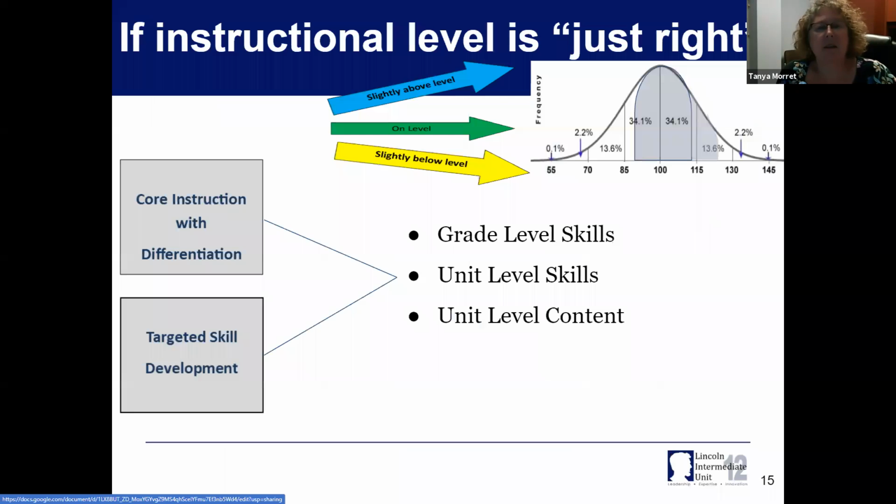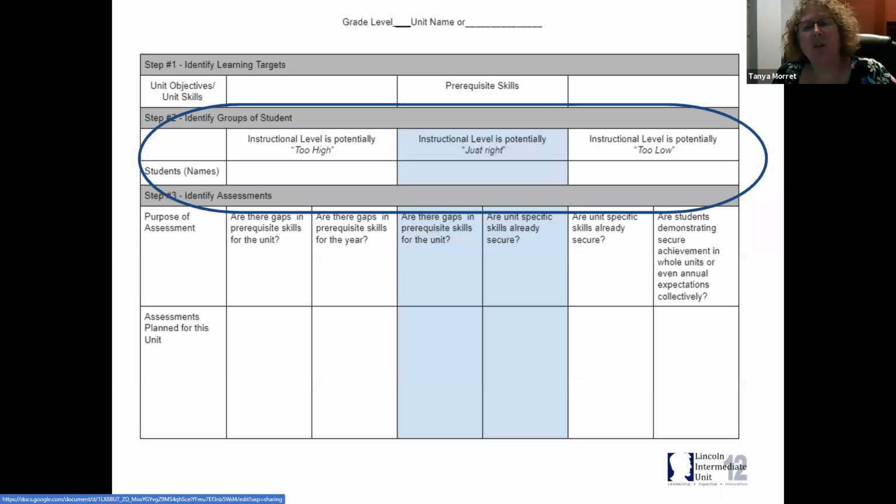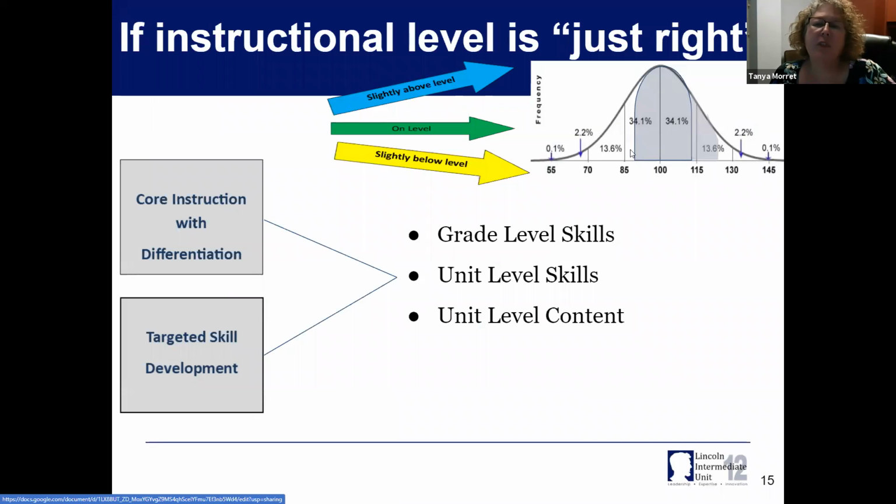So let's look at our students who are potentially just right. That group of students, if you think about the normal distribution, is going to fall right about here. So 1 to 2 standard deviations above and 1 standard deviation below where you would expect them to be, this being the 50th percentile, right?